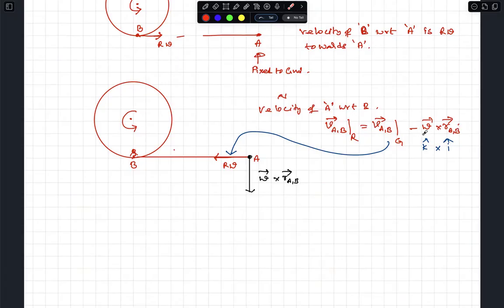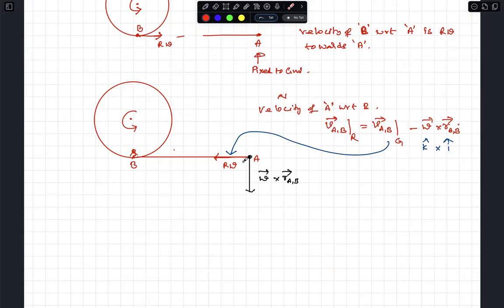Which means if you observe that it has some r omega velocity, for this observer you will notice r omega as one component and omega bar cross RAB as a component like this. Don't question me why it is in that direction. Simple. Omega bar, thumb upwards. So I can take K cap.